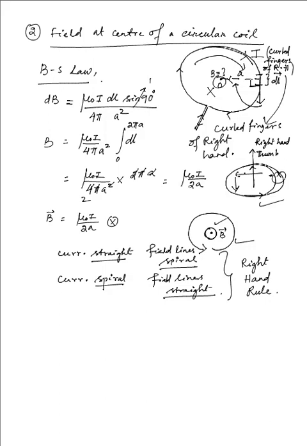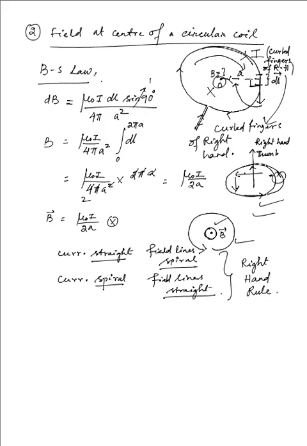Obviously the fingers are curling, the 4 fingers of the right hand will curl, and the extension of the thumb will be straight and will be giving the axis. So here the magnetic field is along the axis, while in the previous case the current was along the axis. So this is how we can determine the direction of the magnetic field quite easily.